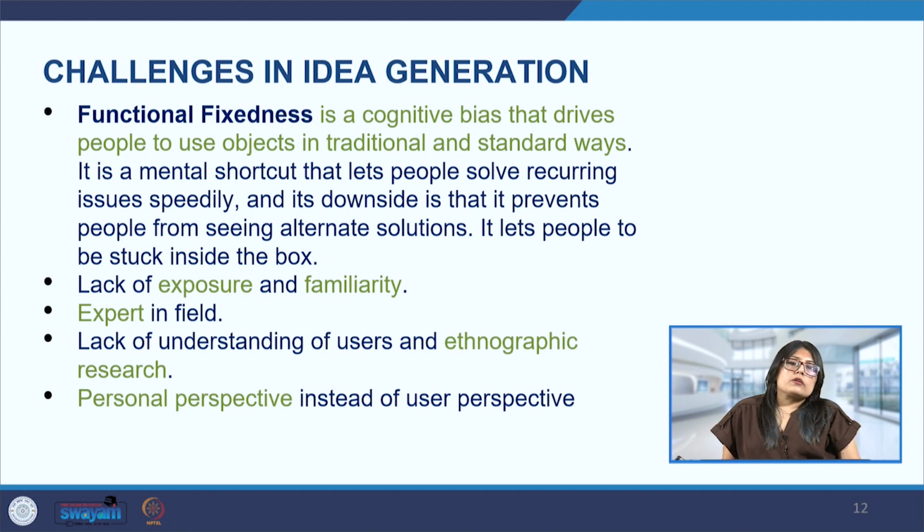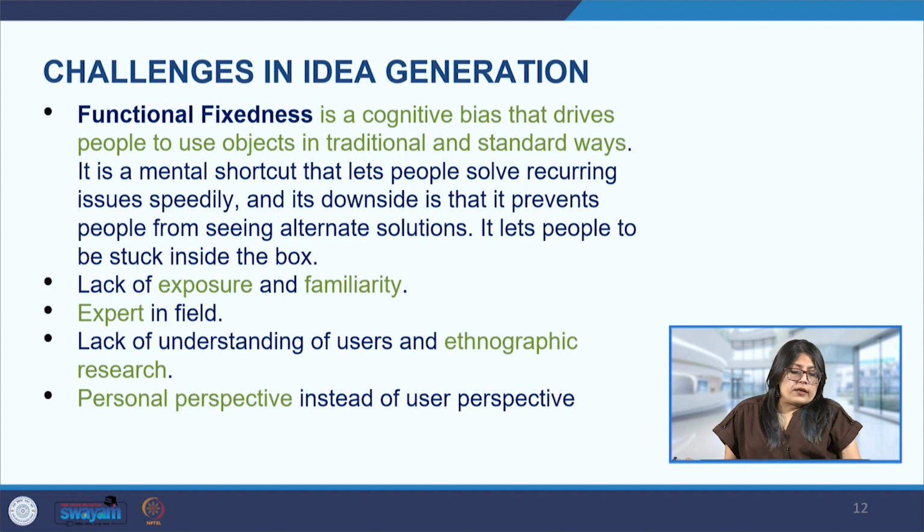So this cognitive bias influences how we are thinking, and it tells us how people are using certain products in a very traditional manner. So this is what we are already aware of. This knowledge is something that we already have, which leads to this bias.